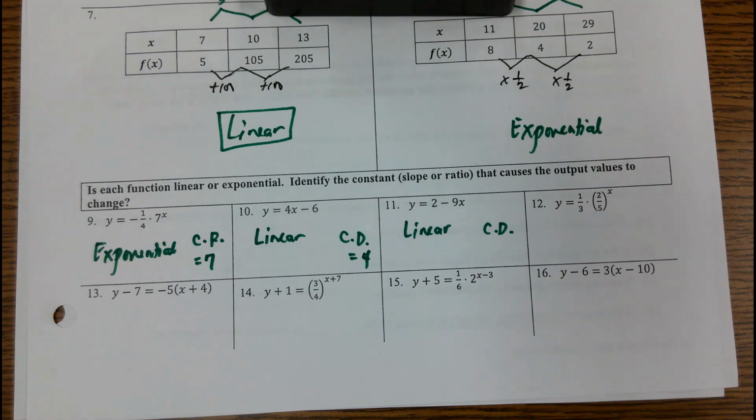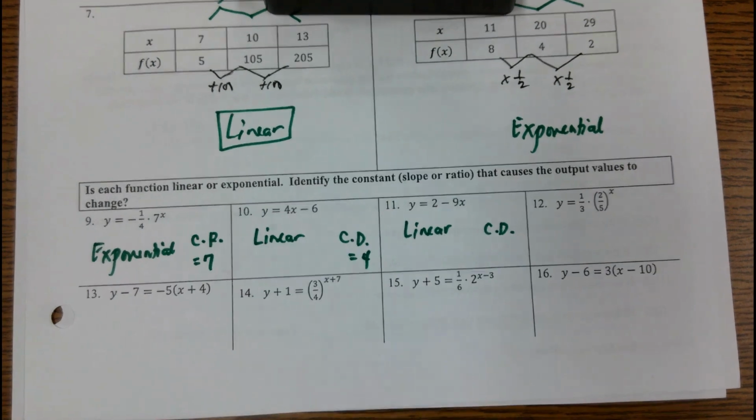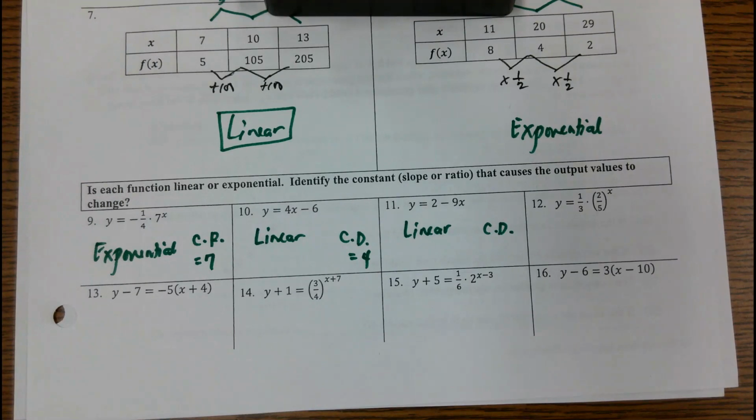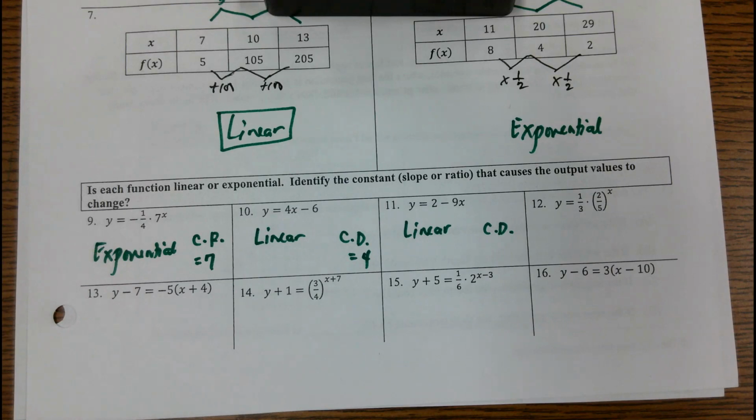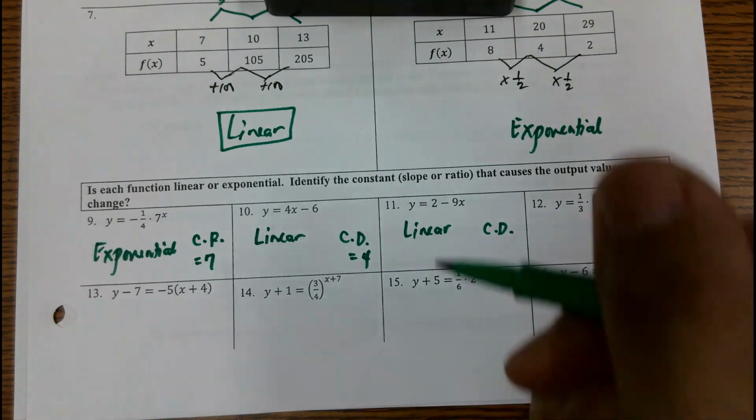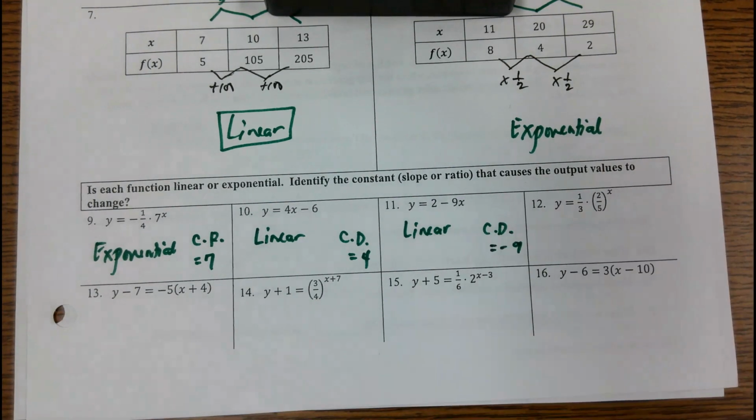So what is the common difference? 2. That's the y-intercept. I want to try Hannah. Linear or exponential? What's the common difference? Wrong answer. Devin, linear or exponential? Linear. What's the common difference? -9. -9. If you say 9, that's automatically wrong.